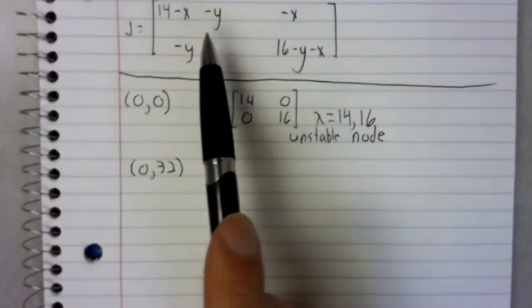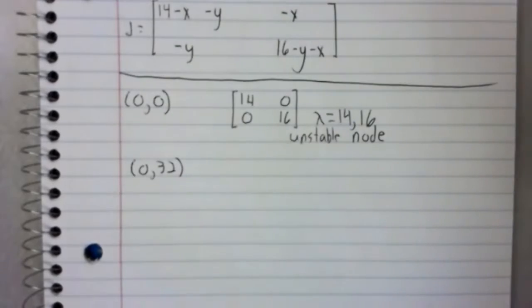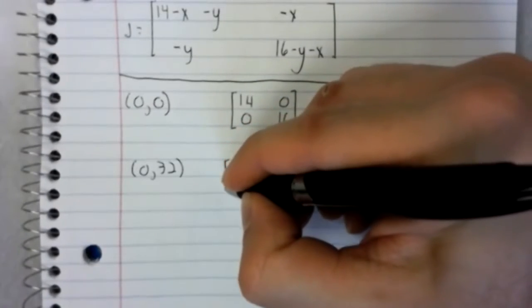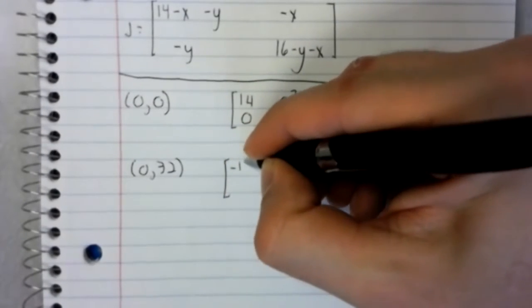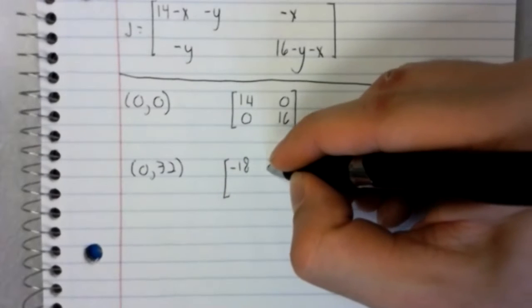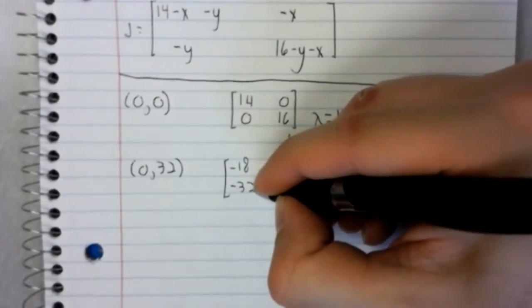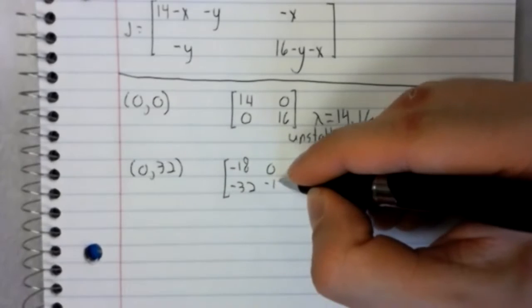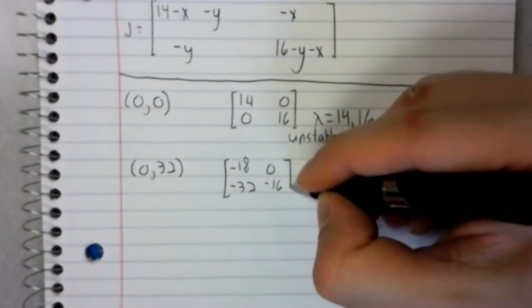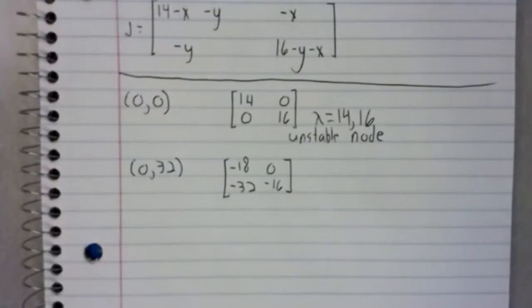Sticking this into the Jacobian, we get negative 18, 0, negative 32, negative 16.